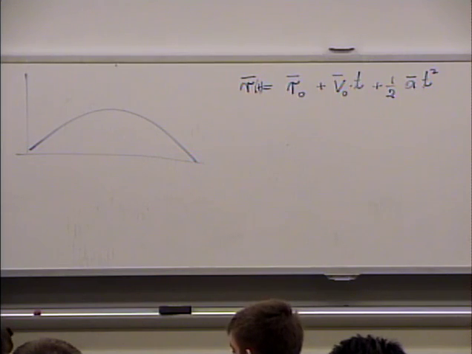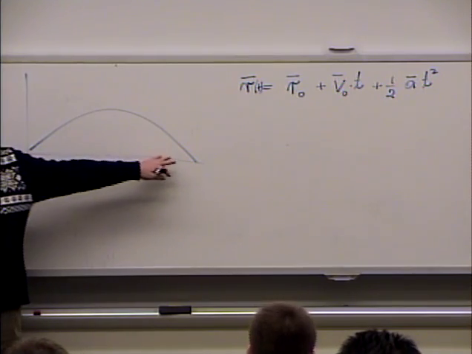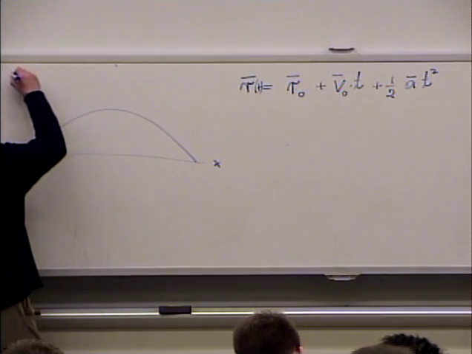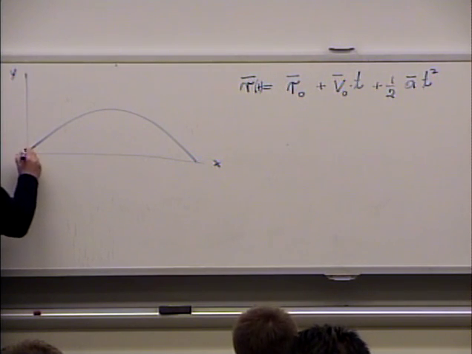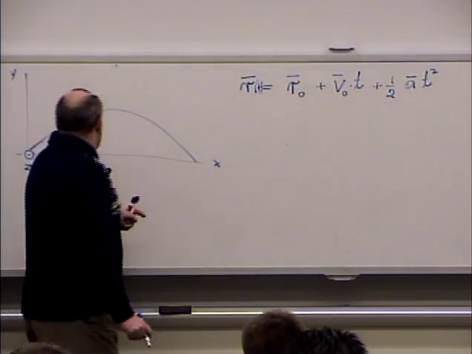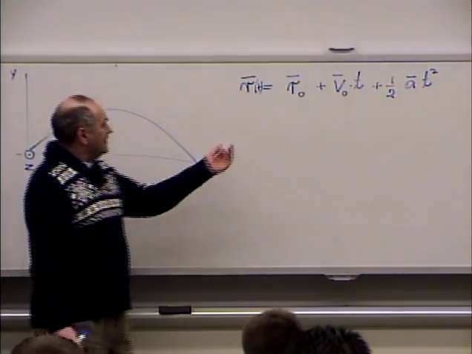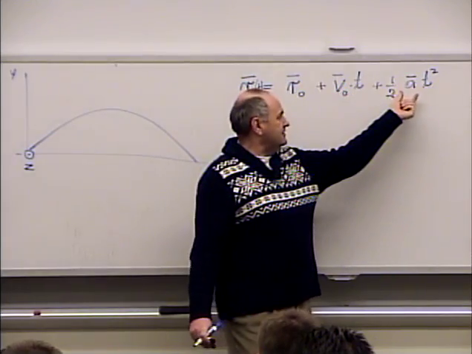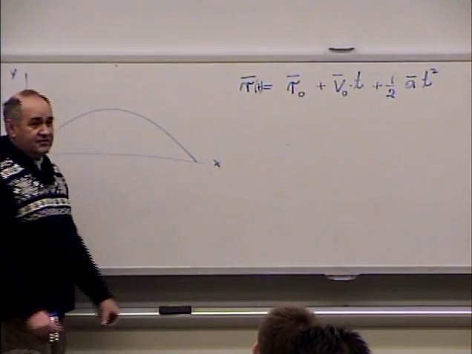Now, if I choose a coordinate system like this, so let's say that this axis is x, this axis is y, and z will be toward us. I have to adjust now these vectors r0, v0, and a to such values that they match this particular trajectory.